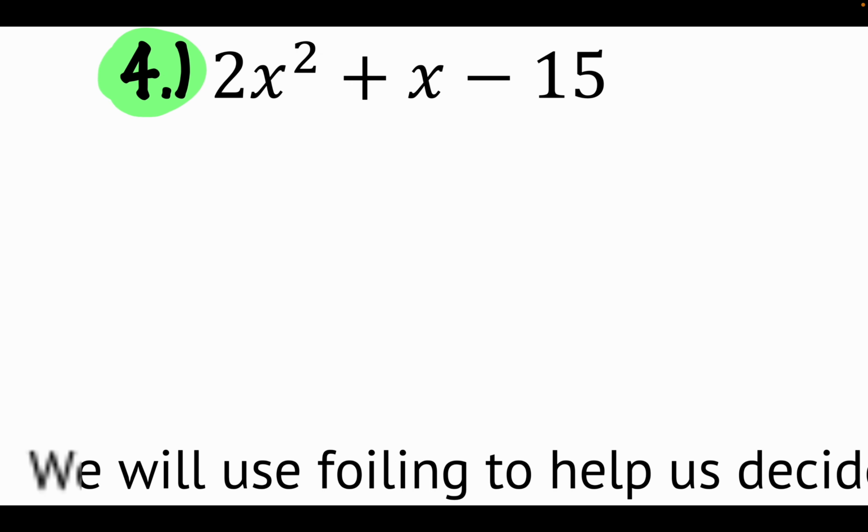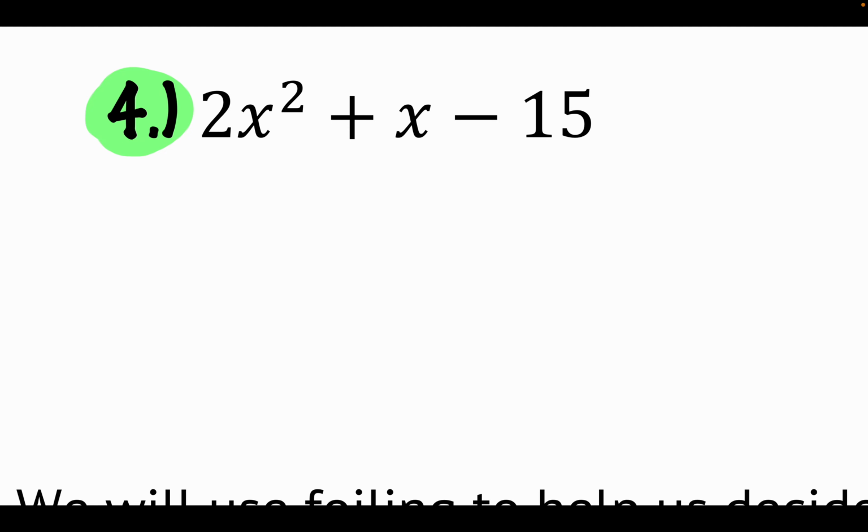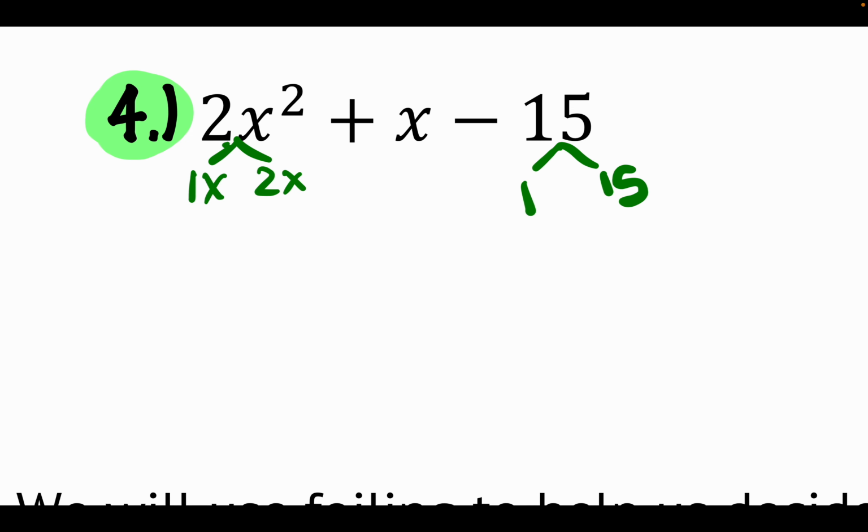Number 4. So we have our factors of 2x, that's 1x and a 2x. And the factors of negative 15, so that's 1 and 15, 3 and 5.